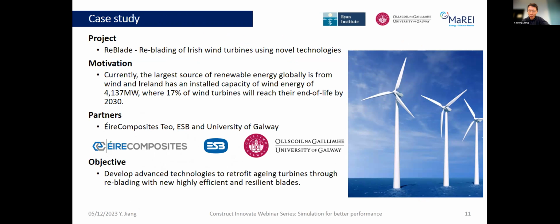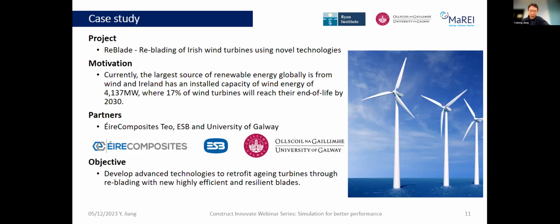First, just a little bit of background about this project and why we are doing this case study. That is because a wind turbine is not like other types of buildings, mainly because its design life is 20 to 25 years, which is much shorter than other buildings.